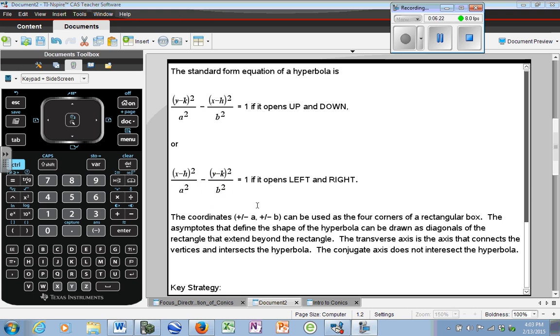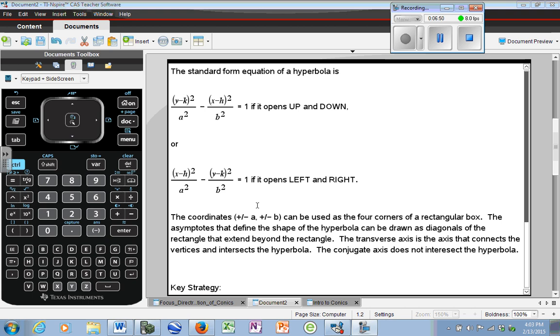And then on page 442, they used the positive and negative A and positive and negative B to give us four corners of a rectangular box. Positive A, positive B. Negative A, positive B. Negative A, negative B. And positive A, negative B. And that is kind of the constraints there for where the hyperbola is going to fit. It's the four corners of the rectangular box.